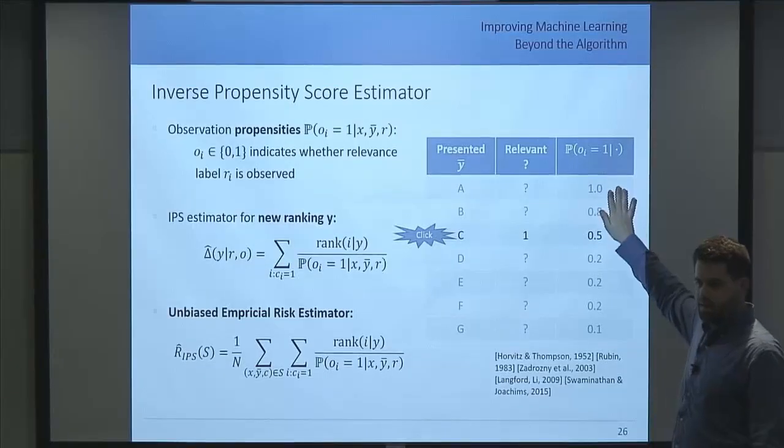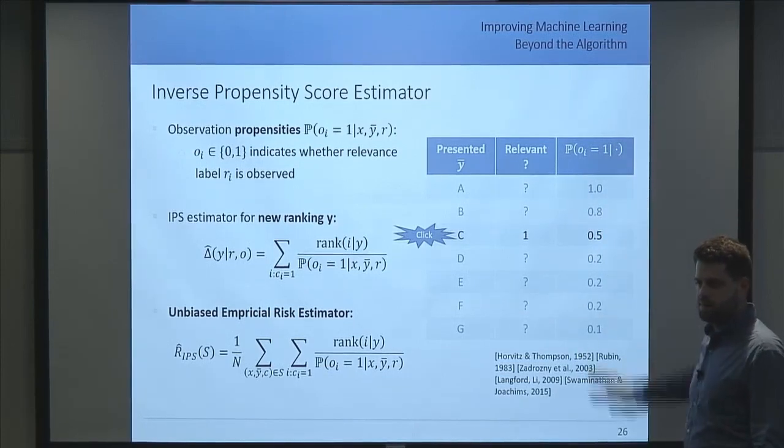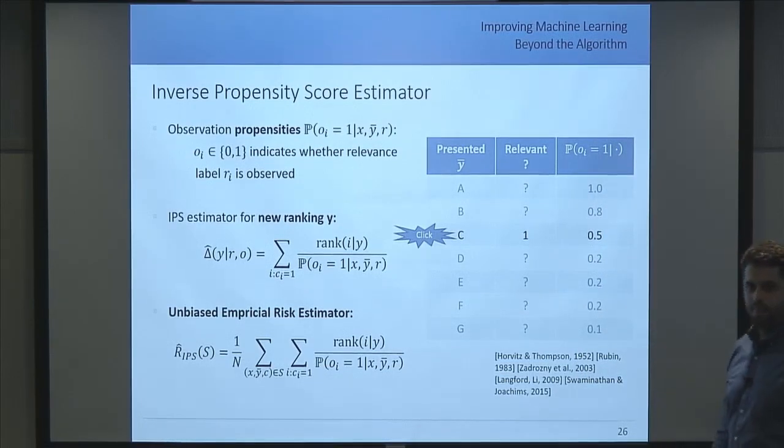Yes? Do you assume that this probability depends on or is independent of the location where you show it? You can plug in different kinds of propensity models here. What we did is that it is dependent only on the rank. So a position bias model. It's like there's only position bias. Yeah, in this, but you could think about other biases.